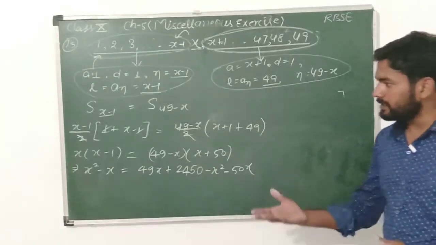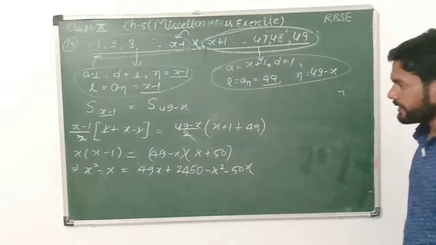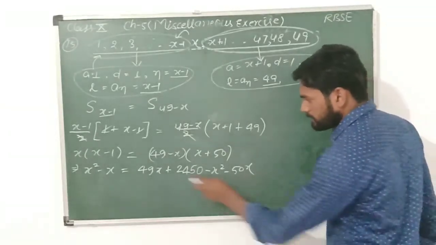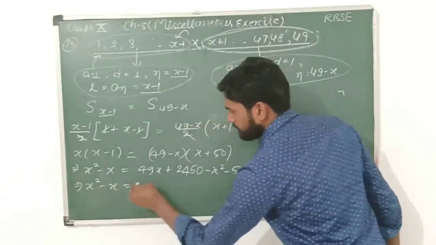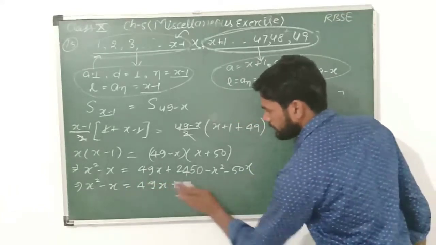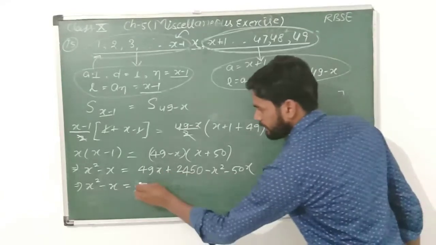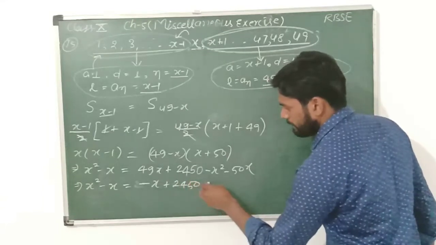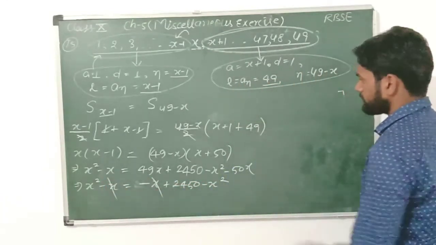Got it? Now transpose all the variables to the left side and all the constants to the right side. First of all I am simplifying this. x square minus x is equal to 49x minus 50x, which is minus x, plus 2450 minus x square.